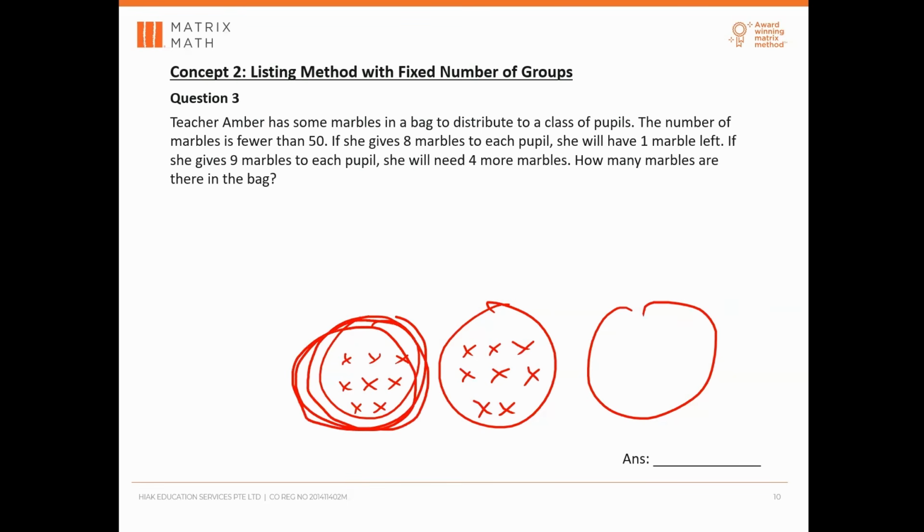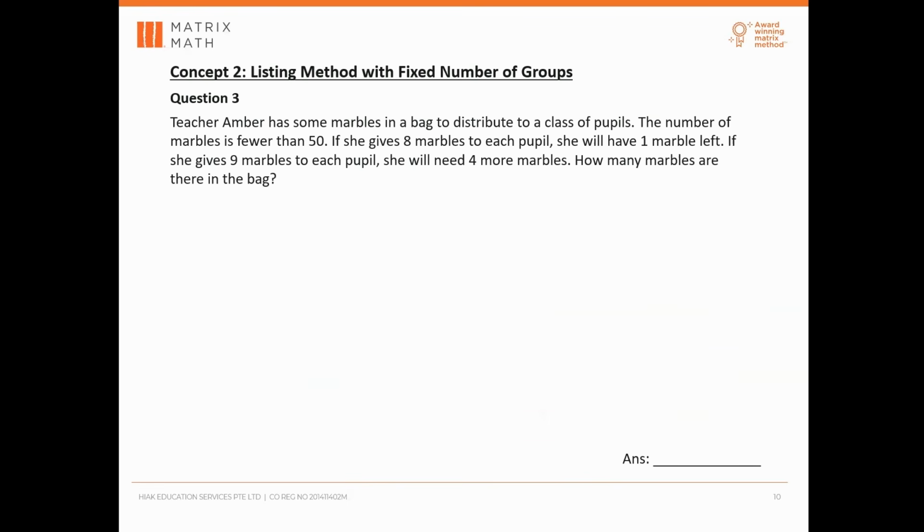This one group is referring to one pupil because every pupil will receive 8. So actually what is the fixed number of groups for this question? This would be the number of pupils.